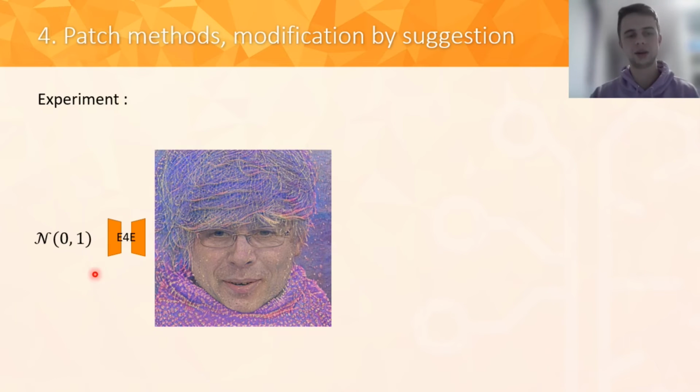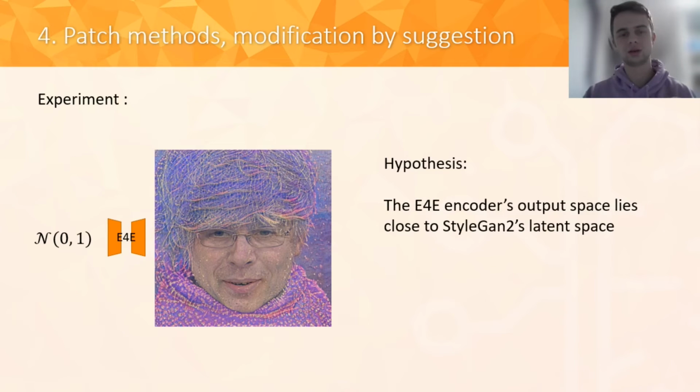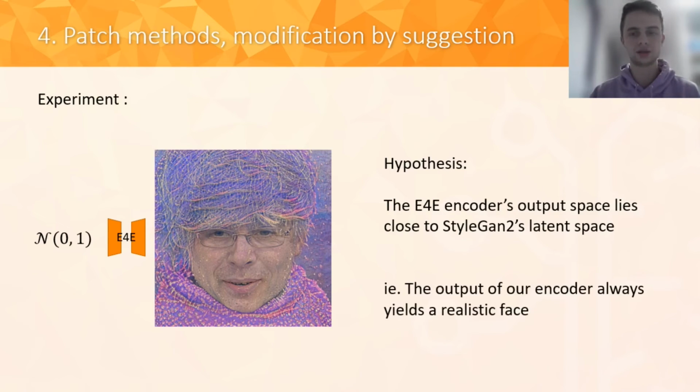By sending any random image inside the encoder, its output decoded image always has some kind of realistic face. So we made a hypothesis that, as I said, the E4E encoder's output space lies close to the StyleGAN2's latent space, which means that the output of our encoder always yields a realistic face.